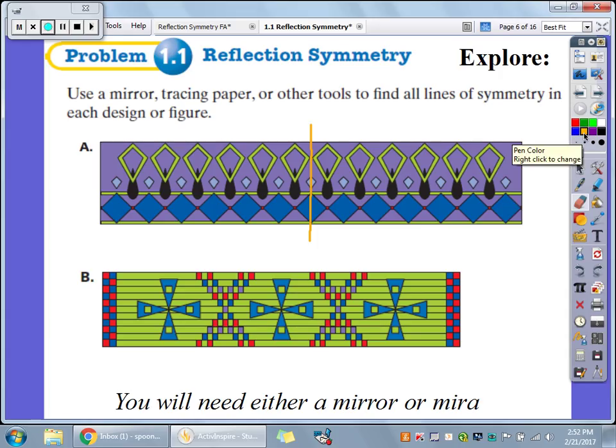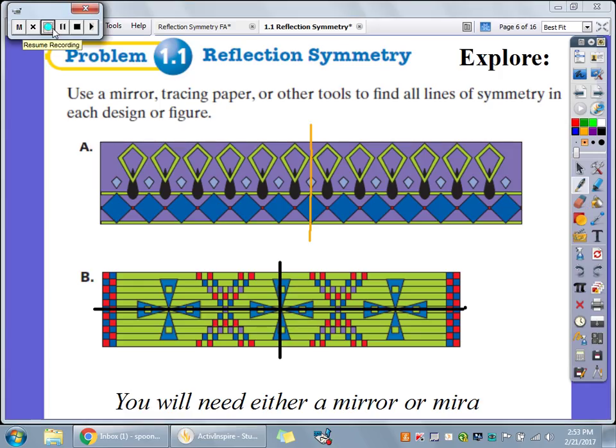If we look at B, okay, take a couple of seconds, pause the video if you need to, and see if you can figure out where the line or lines of symmetry would be for B. Okay, so if you look at B, you'll notice that it has two lines of symmetry, the one that goes vertically up and down and the one that goes horizontally across.